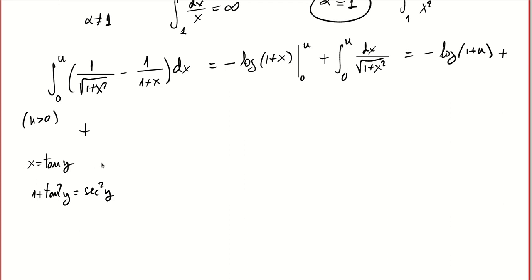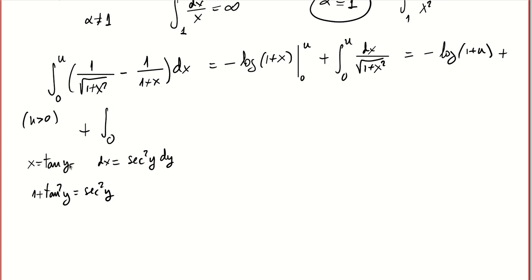And dx, of course, is the derivative of the tangent, which is the secant squared, dy. All right? So we substitute there, and we have, when x is equal to 0, the angle for which the tangent is 0, so this limit is easy.